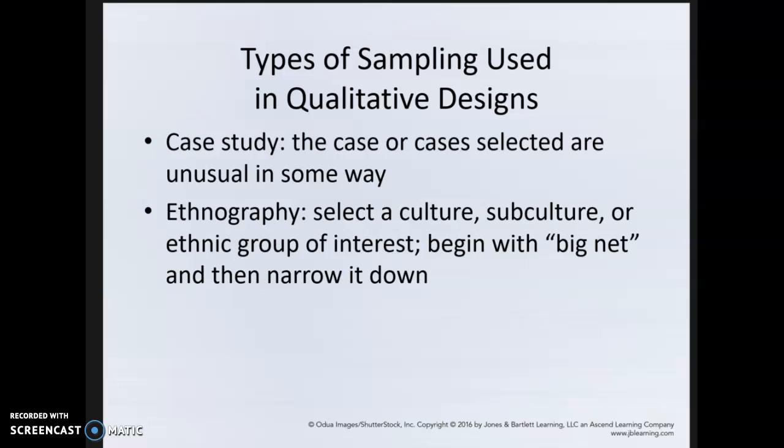Begin with a large group and then narrow that down. Qualitative design is very labor intensive in the analysis process, so it's important that the group you sample is representative of the area of focus, the culture, the subculture, those types of things.